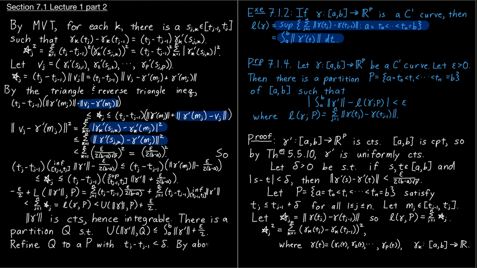And by the above work, the length of gamma over P is less than or equal to the upper sum plus epsilon over 2, which is less than or equal to the integral from a to b of the norm of gamma prime plus epsilon.